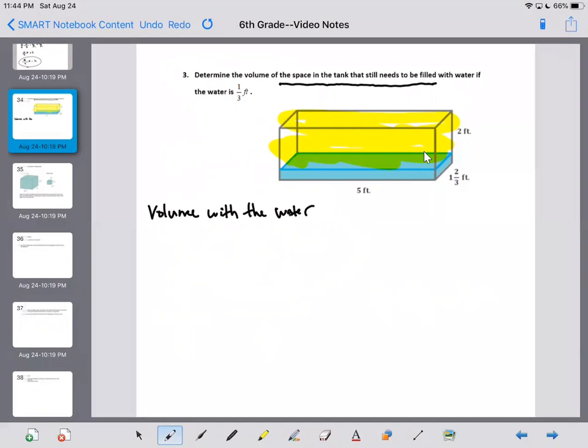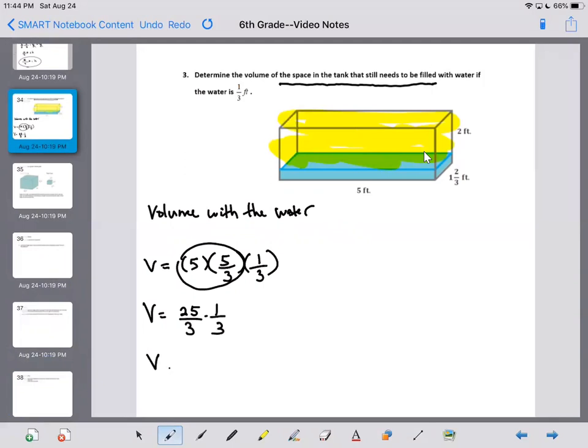with the water. Okay, so that volume would be 5 feet multiplied by 1 2/3, which would be 5/3 if we change that. And then the water is 1/3 deep. So this would be 25 thirds. If I look at just these two fractions, that'd be 25 thirds times 1/3.